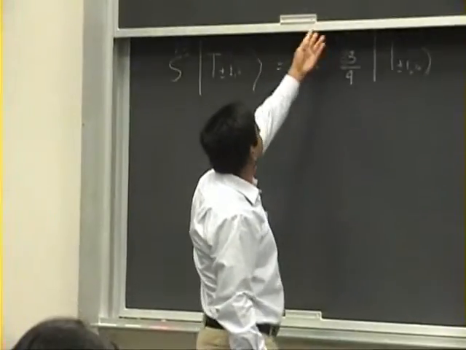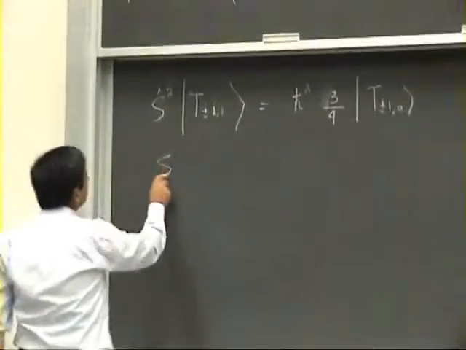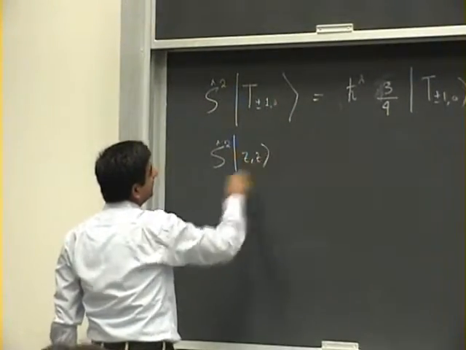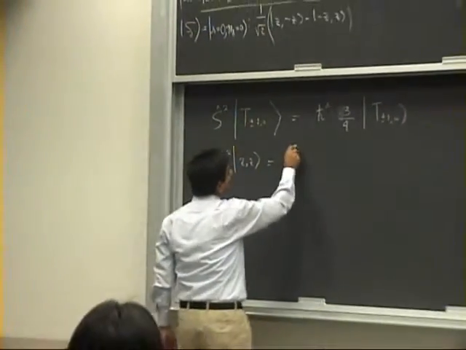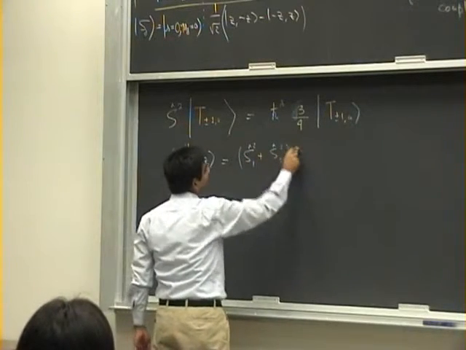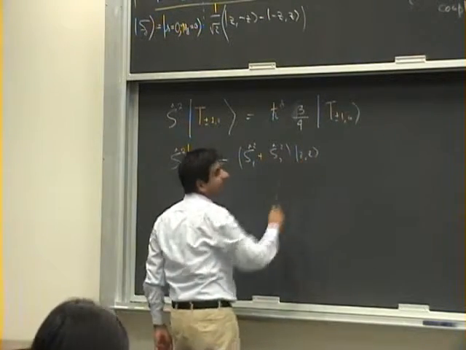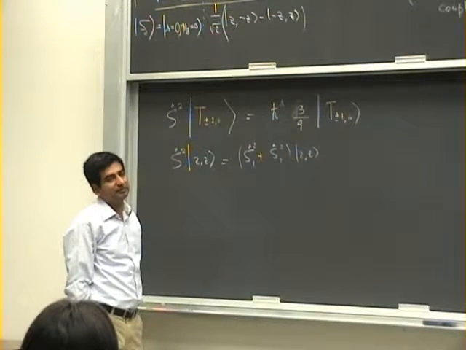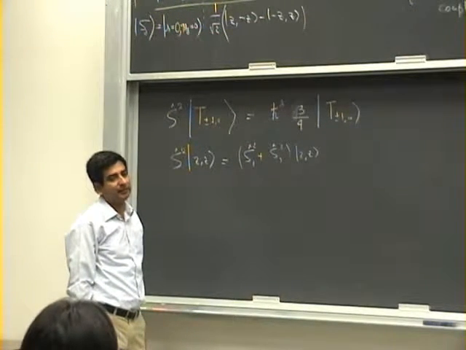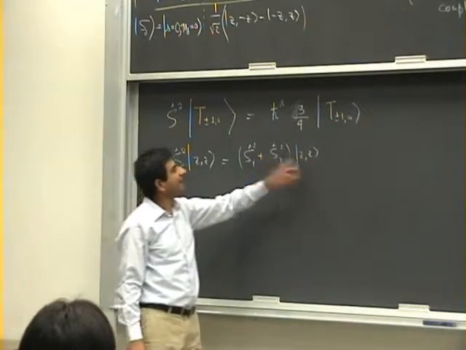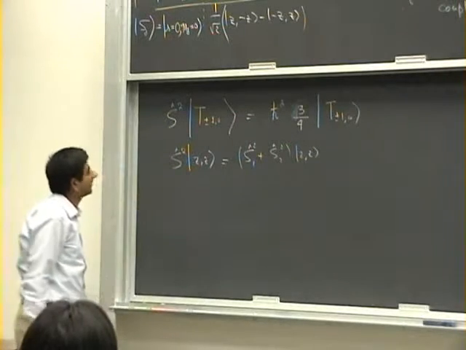If I take S squared and act upon it, ZZ, this really means S1 squared plus S2 squared acting on ZZ. Is this an eigenstate of S1 squared? Yes, it is. It's also an eigenstate of S2 squared. So these direct product states are eigenstates of S squared.